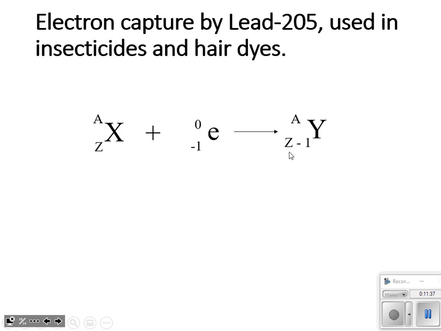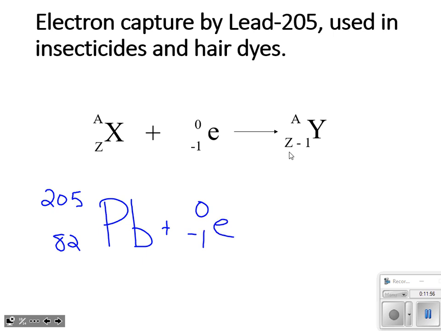Lead is Pb. So I have Pb. I'm dealing with lead, 205. I look at lead's atomic number, and it is 82. I capture this electron, and it's still going to give me 205 because A does not change.